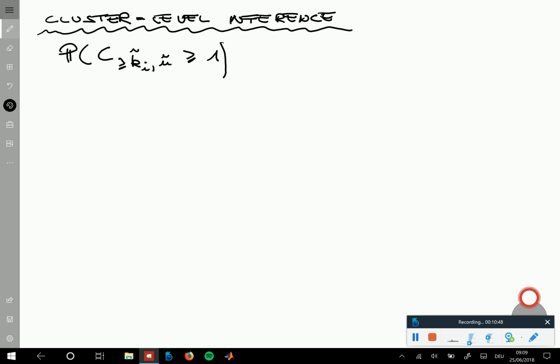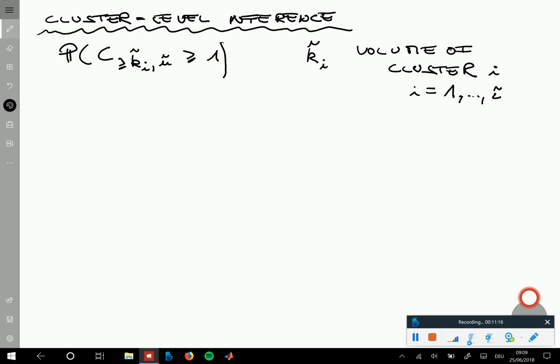Now the very important thing is that we are talking about the observed cluster volume for cluster i, where i goes from 1 to the observed number of clusters.